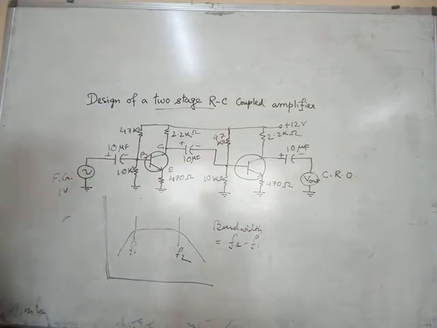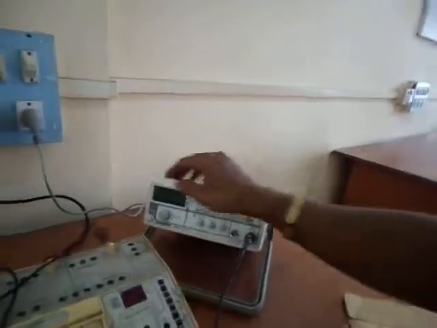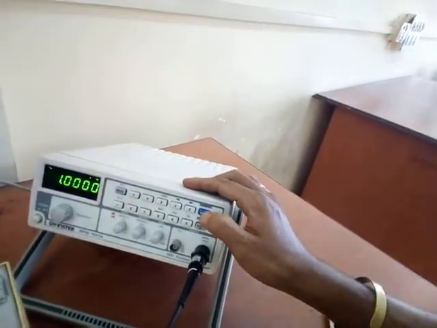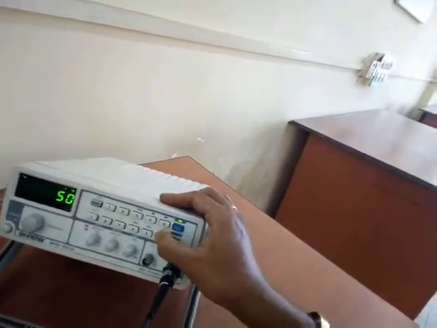Now we see the practical part. Okay, this is function generator. You can see it. We have to set the input frequency from here. Suppose this is 50 hertz.